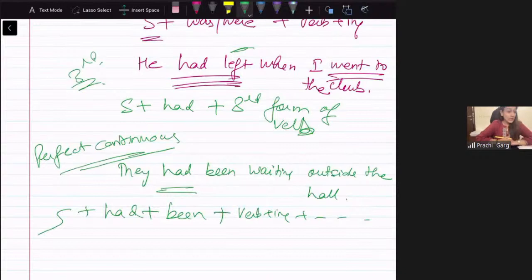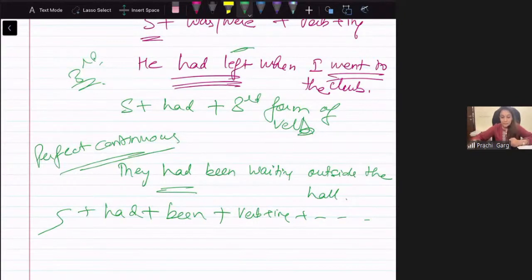Am I clear? And when do we use the past perfect continuous? It is used to indicate an action in the past that began before a certain point in the past and continued up until that time, right? There's this action that took a long time to complete. We're talking about an action that happened in the past, but it took a long time to complete.